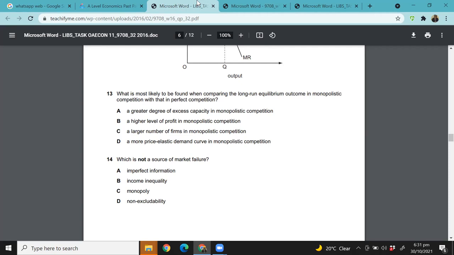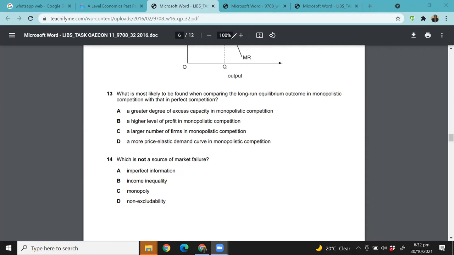On the other hand, income inequality is not as such a cause of market failure, because that is neither productively nor allocatively inefficient. So that is why we say that income inequality is not a market failure, whereas no provision of public goods is a market failure. Imperfect information, which we call information asymmetry, is also market failure, and monopoly is also market failure, right? So the answer should be B.